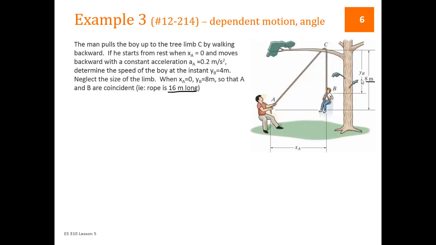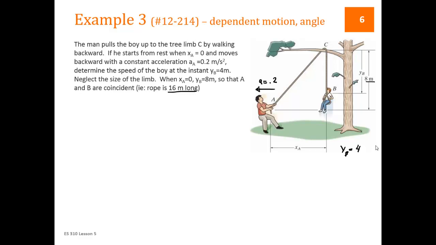Then he starts walking backwards, going this direction with an acceleration of 0.2. He walks a distance XA, and in walking the distance XA, the boy goes up until YB is 4. That's the point we're interested in.